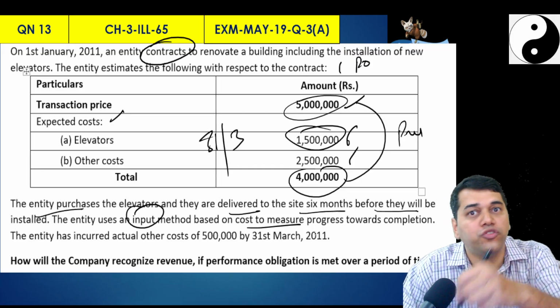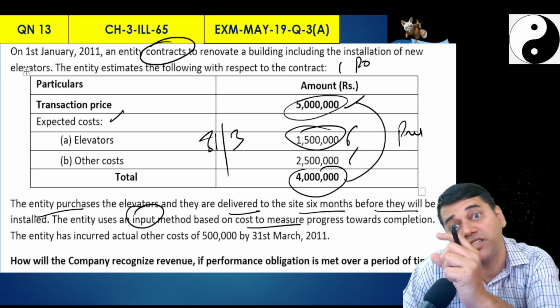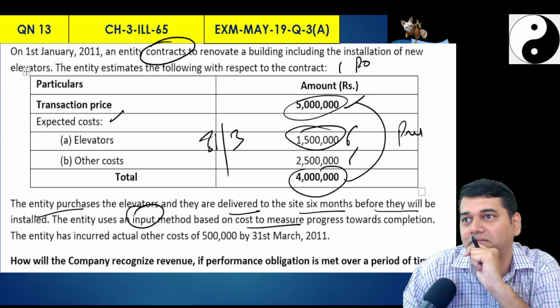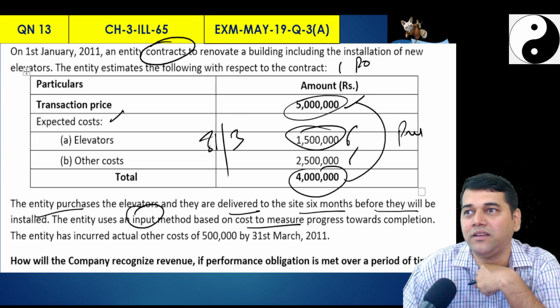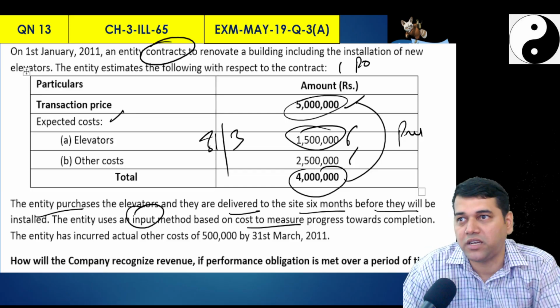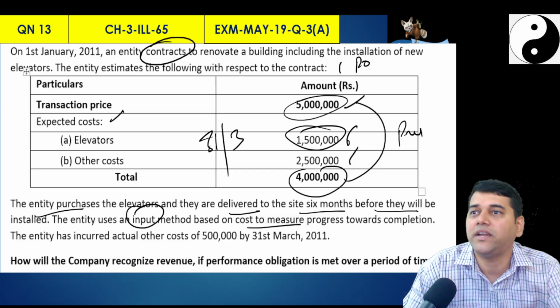And if you use the cost to cost input method, you know what is going to happen? Your percentage of completion is going to increase. That's why I will intentionally do something like this. If I am a contractor and my revenue is low, on 30th March I will order something right now, which is not required for my work.